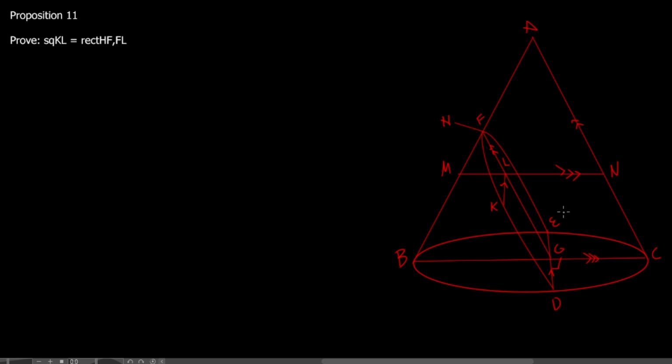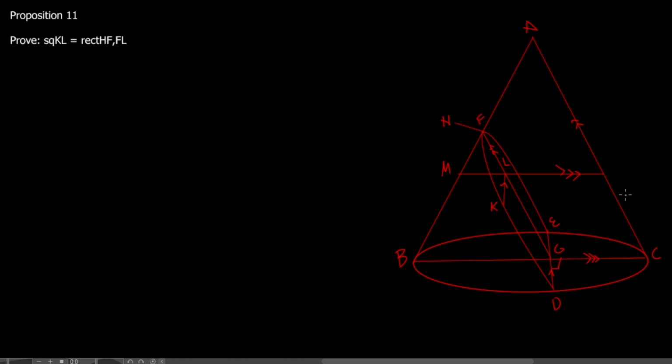And in a circle, if you have a line dropped perpendicular to the diameter, we know this is perpendicular because MN is parallel to BC and DG was constructed perpendicular to BC. This is parallel to DG.